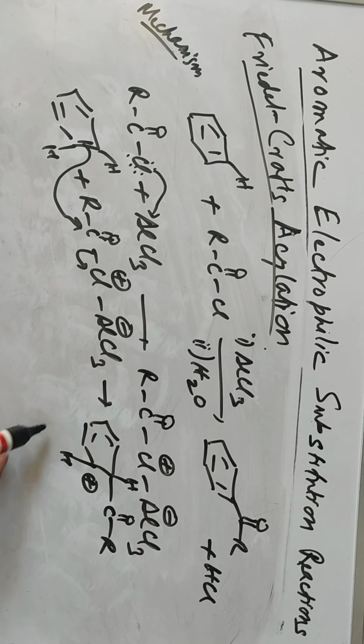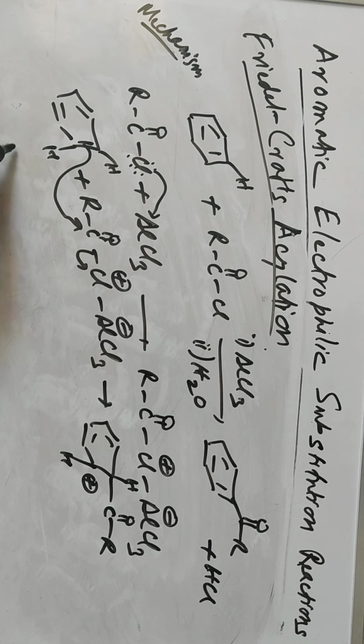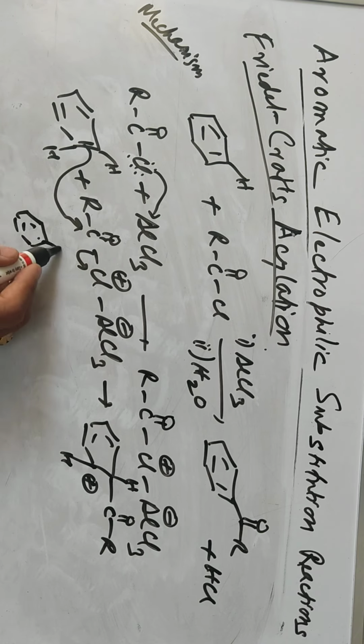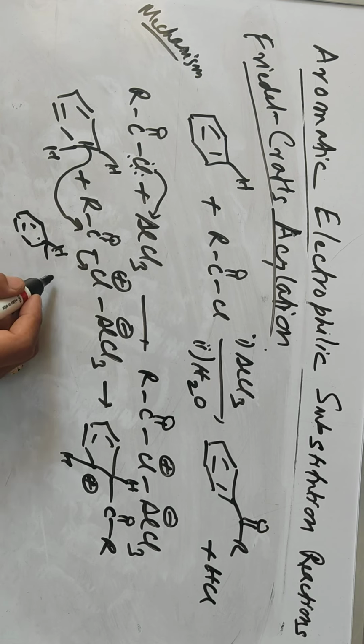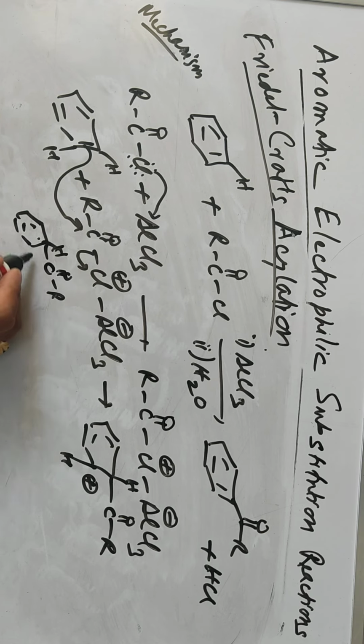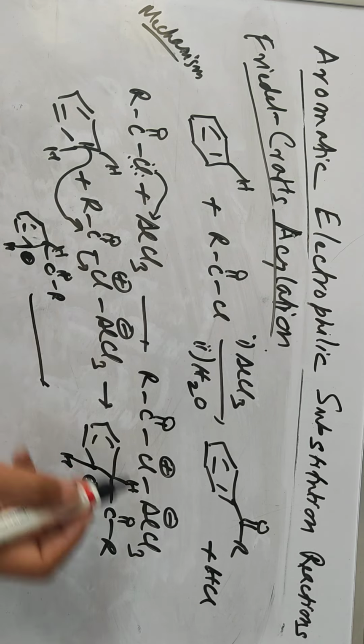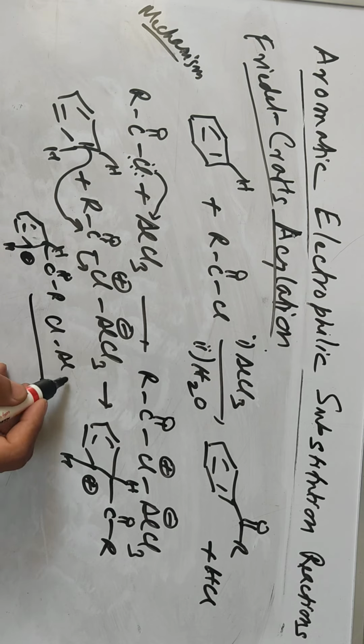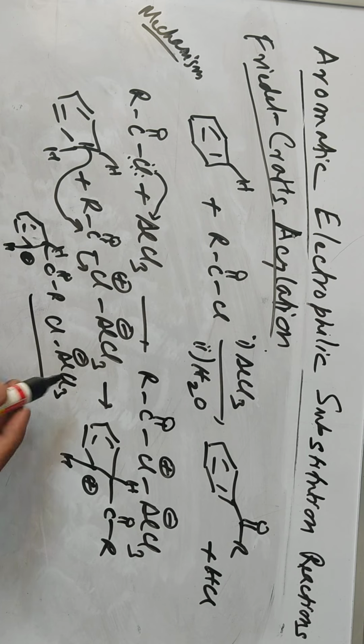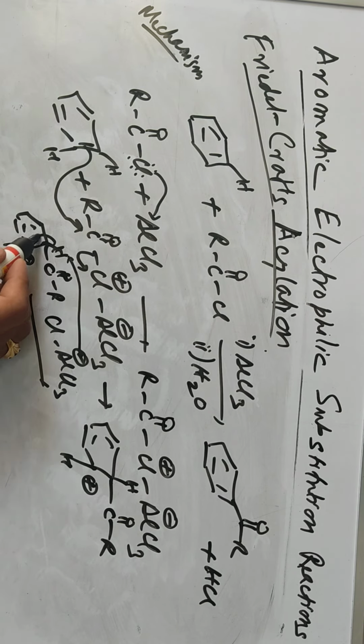This can be attacked by the chlorine of AlCl4 with its negative charge, so we go to HCl and regenerate the aluminum chloride.